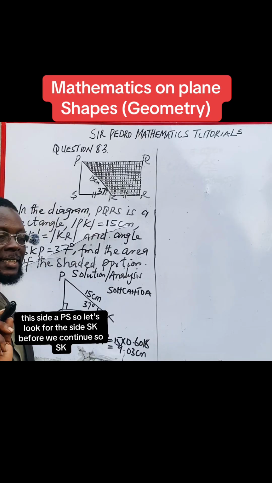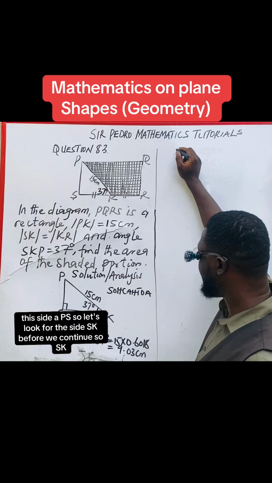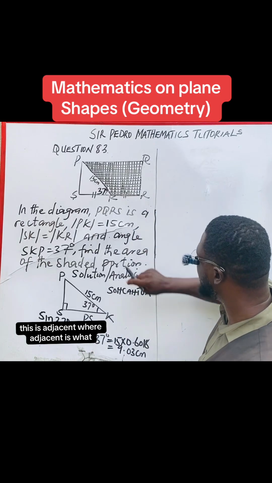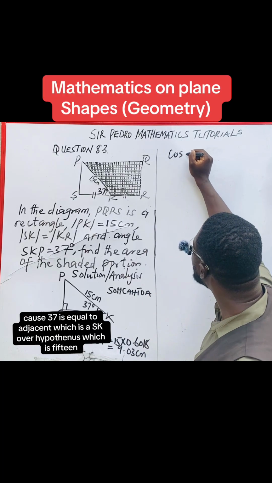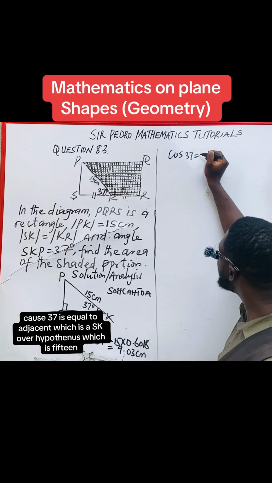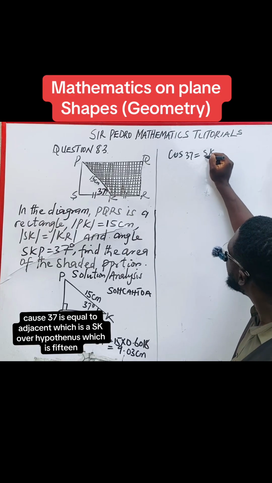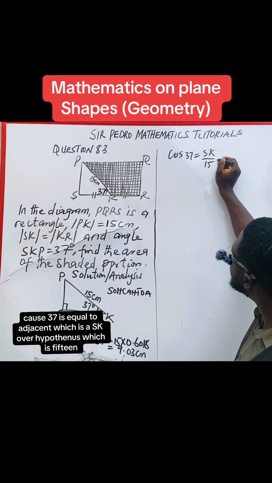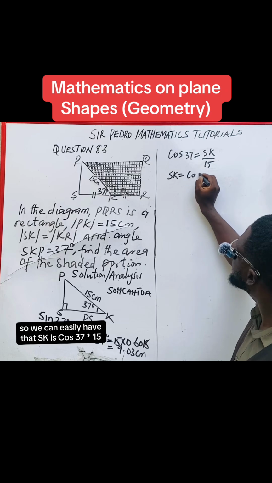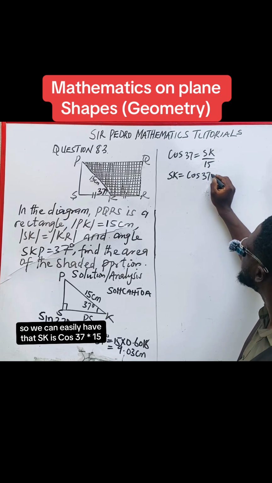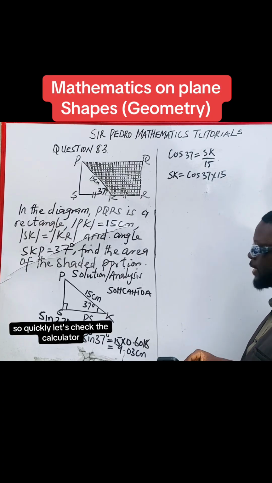Let's look for the side SK before we continue. SK is the adjacent, and adjacent over hypotenuse is cosine. Cos 37 is equal to adjacent, which is SK, over hypotenuse, which is 15. So we can easily have that SK is cos 37 times 15. Let's check the calculator.